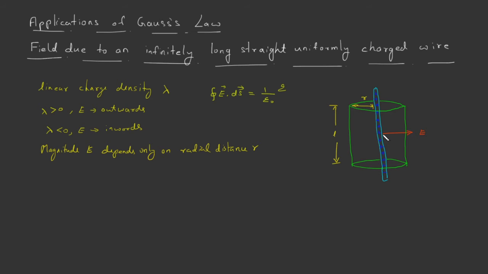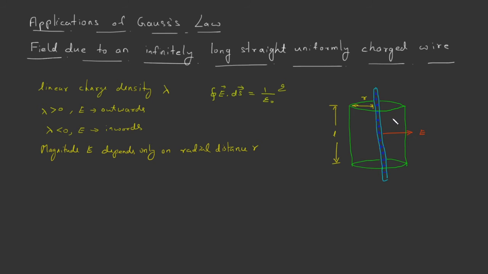Here the electric field is radial. So the electric flux through the ends of this cylinder is 0, because the normal to this surface and the electric field are perpendicular to each other.